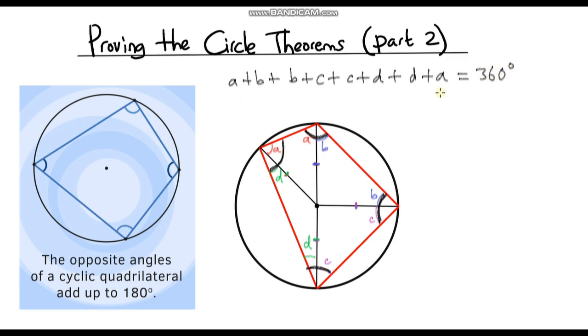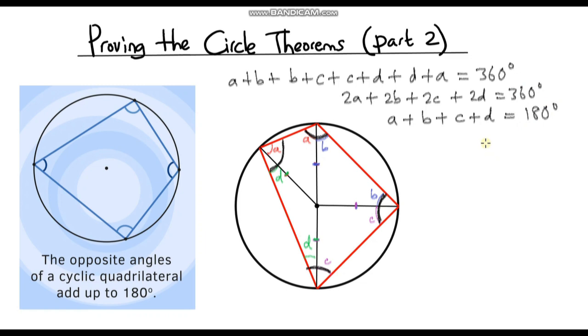We can do a bit of simplification. We've got A plus A, that will give us 2A. B plus B, 2B. C plus C, well that is 2C. And then D plus D is 2D. So that gives us 360. We can simplify this even further. Notice everything is divisible by 2. So if we divide everything by 2, we're just left with A plus B plus C plus D equals 360 divided by 2 is 180 degrees.